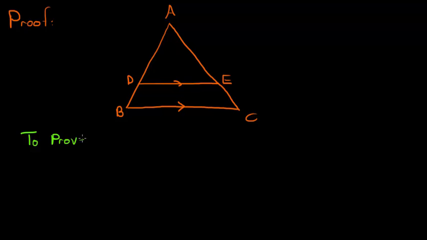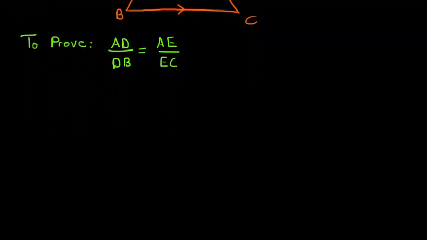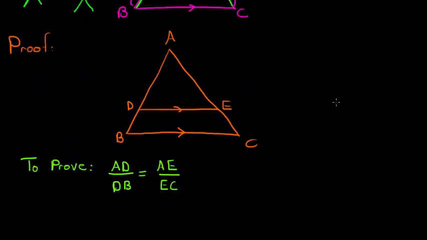Okay, the first thing I'm going to do is I'm going to start with my what? My to prove. To prove, I'm going to prove that AD divided by DB is equal to AE divided by EC. Okay. Now, in order to do that, here comes quite a list of constructions.